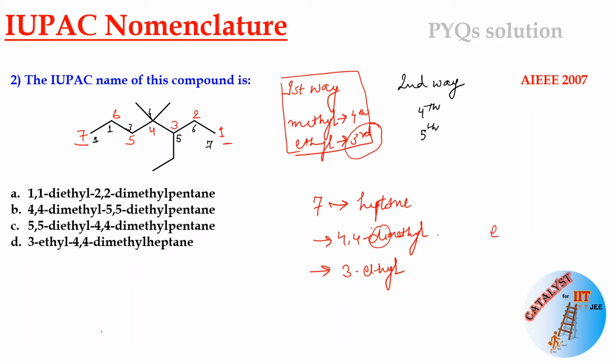So E comes before M, so the overall IUPAC name is 3-ethyl-4,4-dimethyl heptane. So this is your 4th option. So the correct IUPAC name for this compound is 3-ethyl-4,4-dimethyl heptane.